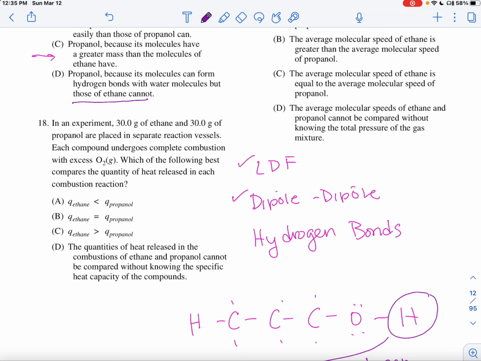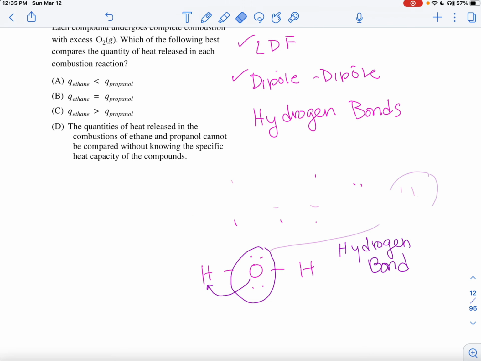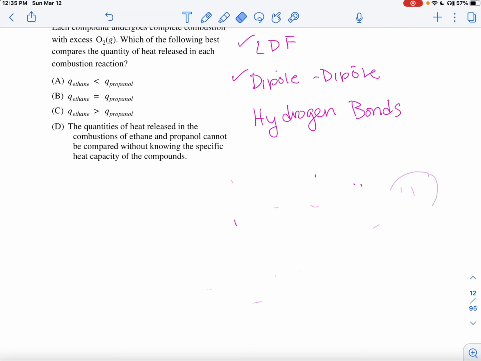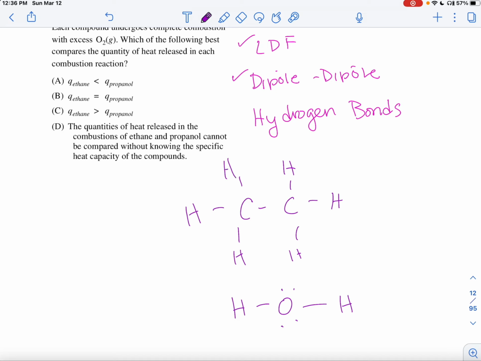But let's go to the last part here. Is it true that ethane cannot? Ethane has a bunch of hydrogens. So why can't it form a hydrogen bond?